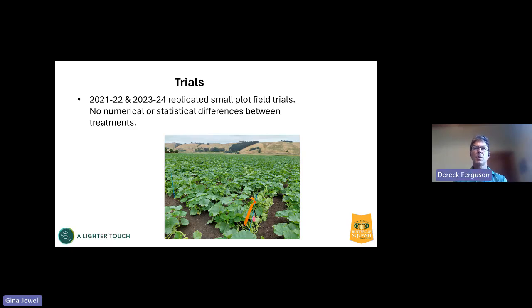So trials were another component of the project, and there's a couple of facets to this. The first was we conducted some replicated small plot trials in the years mentioned in the slide there, and there were 2 sites for each year, one in Gisborne and one in Hawke's Bay. And we were investigating things like biological seed treatments, topical applications of biological products, and some synthetic products as well.